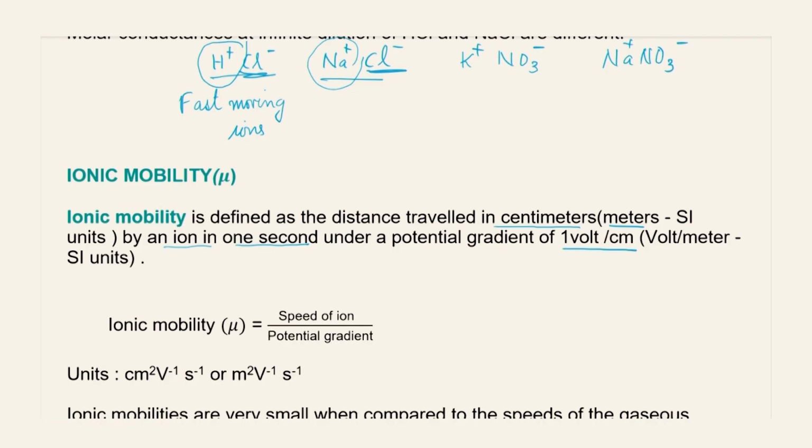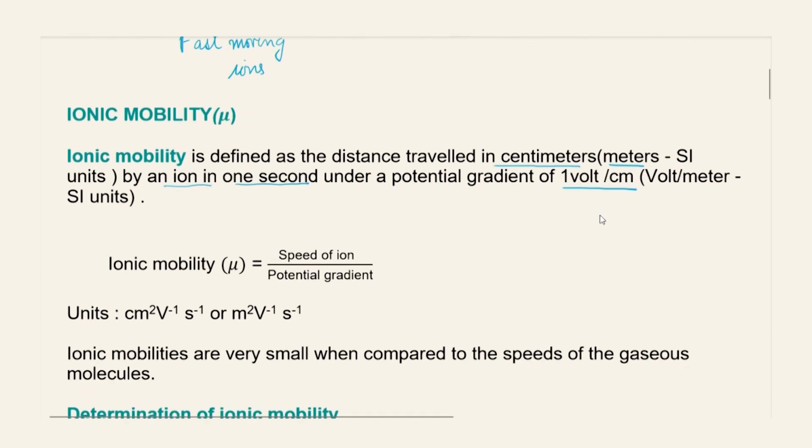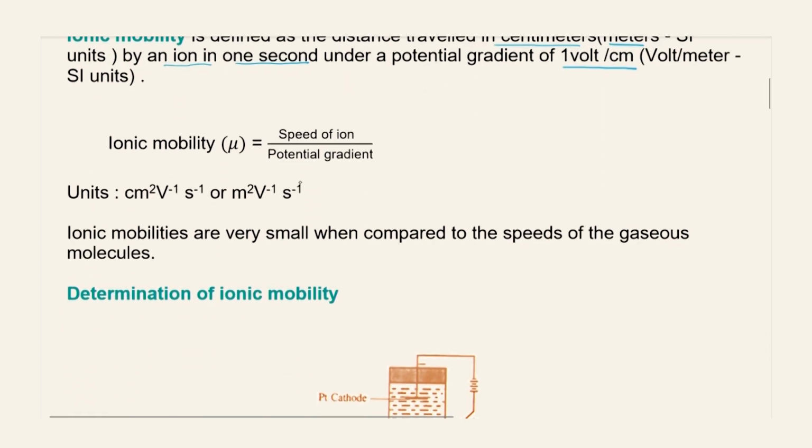Ionic mobility is represented by the letter mu, and mu is equal to the speed of the ion divided by the potential gradient. It can be expressed in either CGS or SI units. In CGS units, it is centimeter square per volt per second, and in SI units it is meter square volt raised to -1 second inverse.